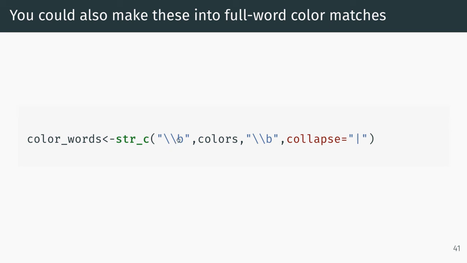So this means the boundary of a word. This \b means boundary of a word, and we have to use the double backslash because the backslash is a special character. So we could do it this way instead, and this way actually will work better. And I think I did it this way in the later slides. I can't remember now, but I think I did it this way.